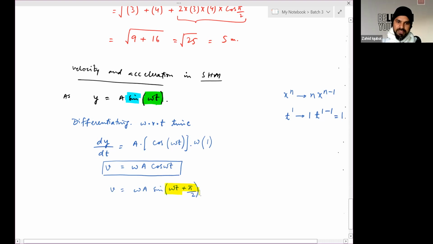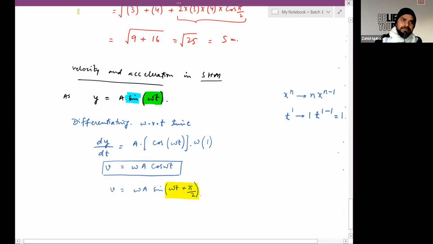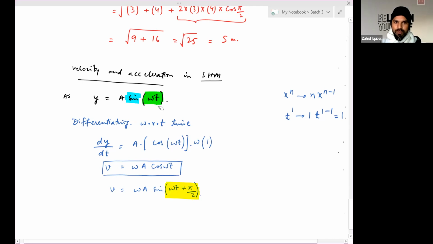So how to calculate phase difference? Simply take the difference of the angles of these two functions. For displacement, we have omega t. But in case of velocity, we have omega t plus pi by 2, both having the same function. So we can say the phase difference between these two terms is pi by 2.